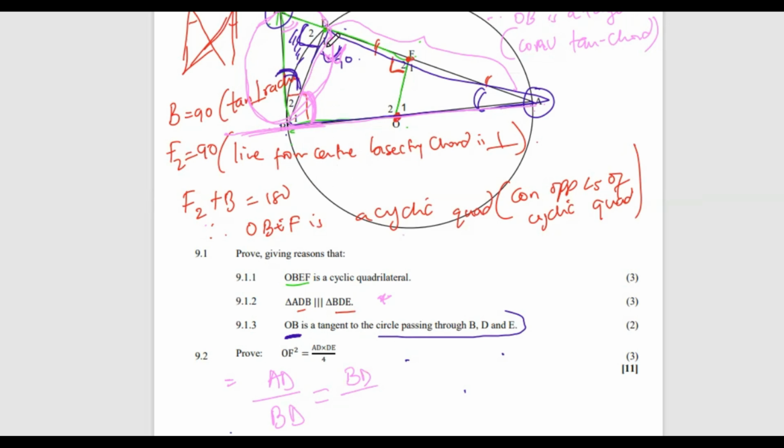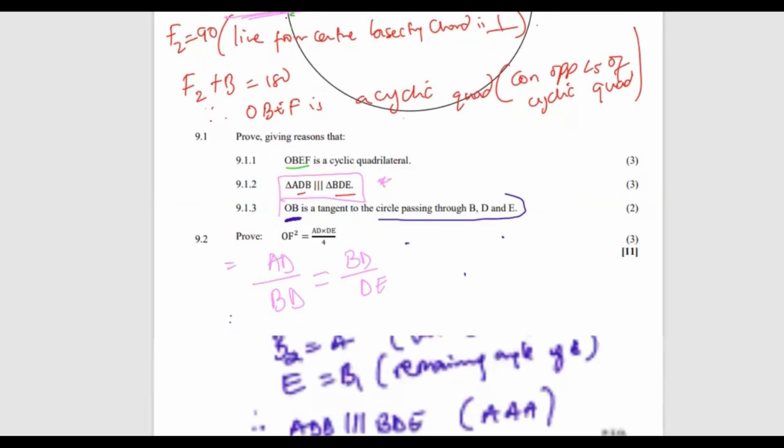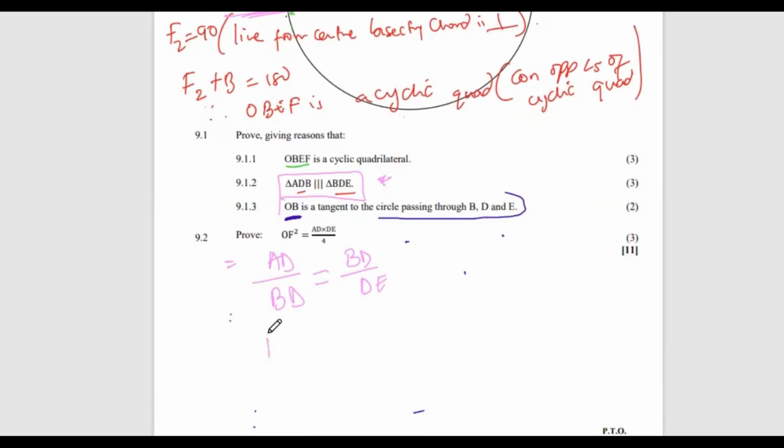And then I'm going to divide that by the DE, because I'm trying to compare the ratios using the similar triangles. Then if that is true, we can do the cross multiplication so that we have BD squared is equal to AD times DE.